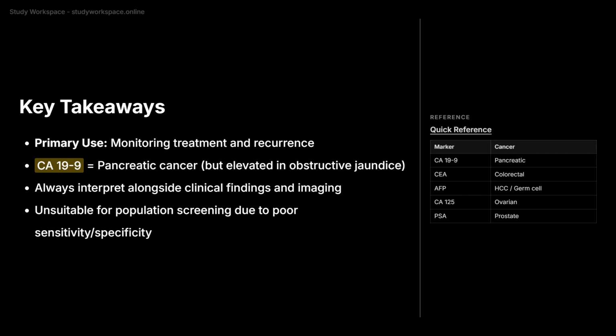Most tumor markers are unsuitable for population screening because of limited sensitivity, limited specificity, and a high rate of false positive results. Finally, understanding sensitivity, specificity, positive predictive value, and lead time bias is essential for interpreting diagnostic tests correctly in both examinations and clinical practice.